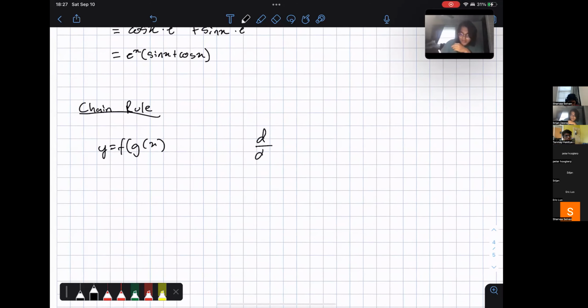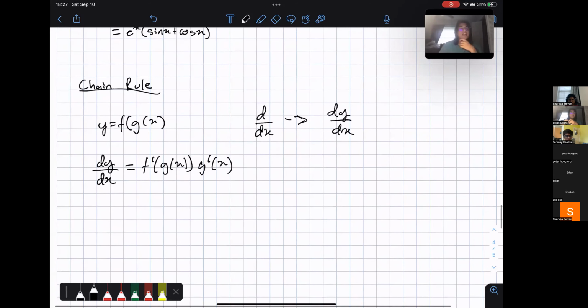I've been writing derivatives as d over dx, but if you want to take the derivative of y with respect to x, then it'll just be dy over dx. And so I can write dy over dx as f prime of g of x times g prime of x.